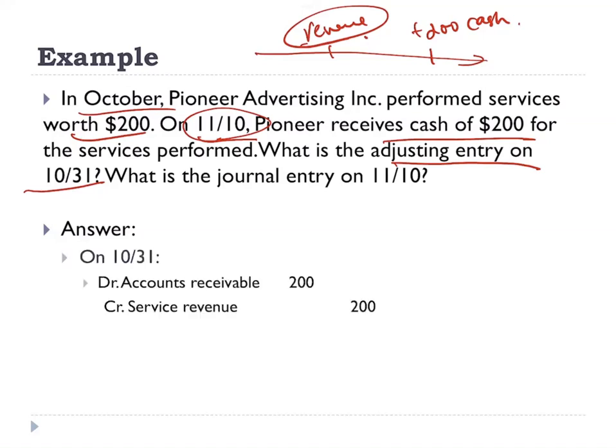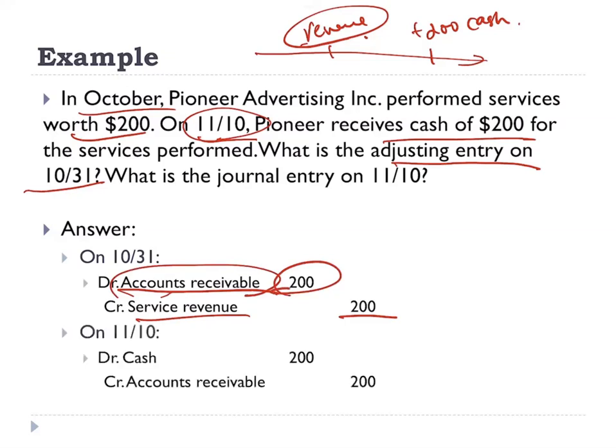At the end of October, October 31st, the firm has performed the service worth $200. So the firm can recognize service revenue in the month of October. However, because the firm hasn't received the cash yet, it creates a receivable for the firm. Now the firm has the right to receive this $200 in the future.